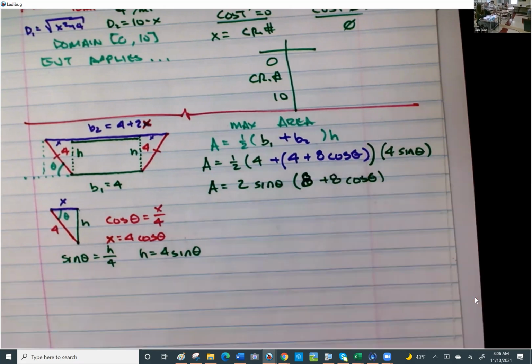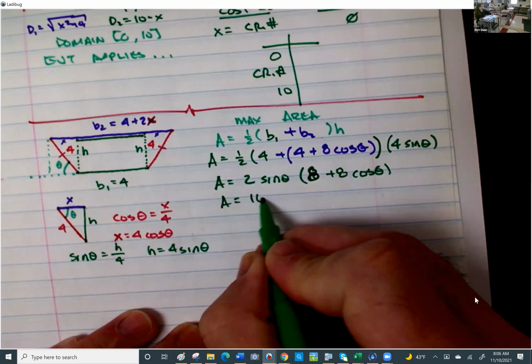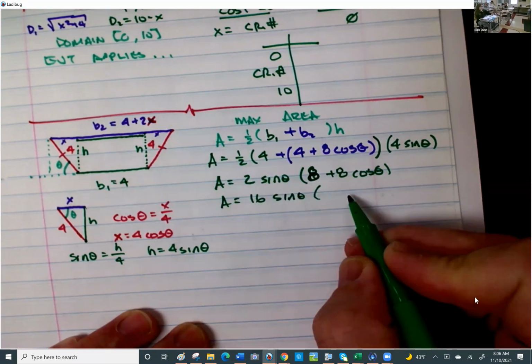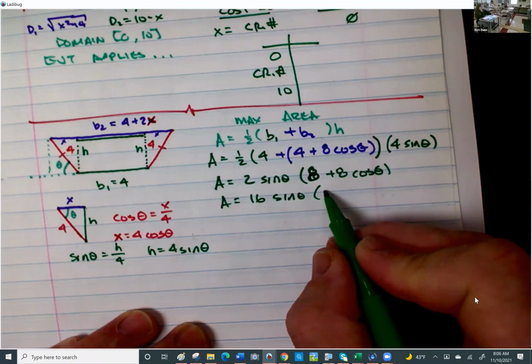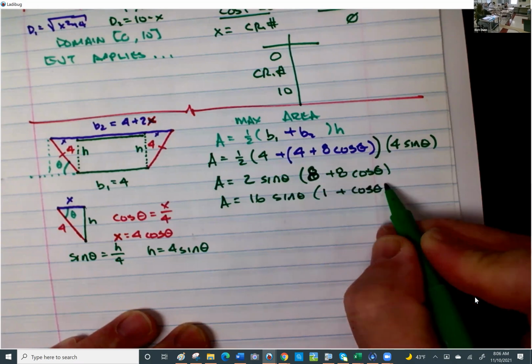I did a multiplication when I should have added. So 4 plus 4 is still 8, not 16, no matter how much I wanted it to be. Okay. And, you know, if I wanted to factor out the 8 now that I see it there, that would just be a 1 plus cosine theta. Okay.